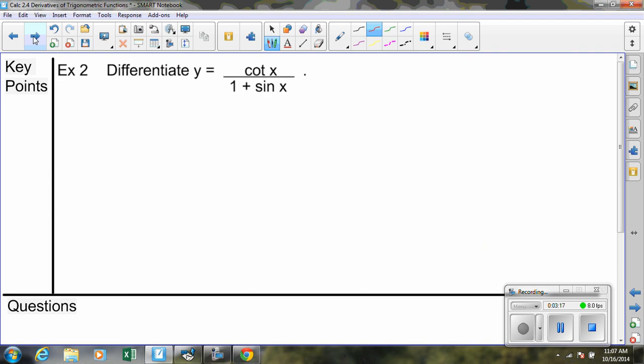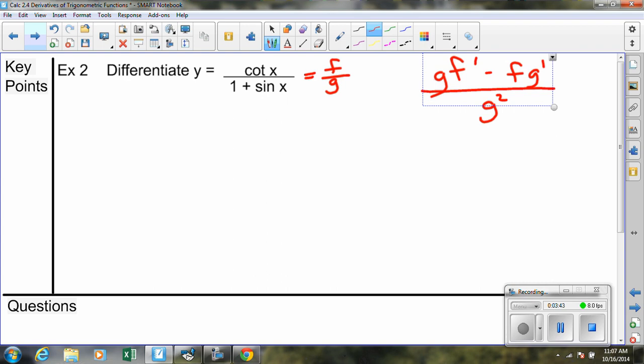Our second example, we have y equals cotangent of x over 1 plus sine x. You'll note that since this is a quotient, to take the derivative, we will need to use the quotient rule. Okay, so writing it up, dy dx, according to the quotient rule, is the denominator function multiplied by the derivative of the numerator.